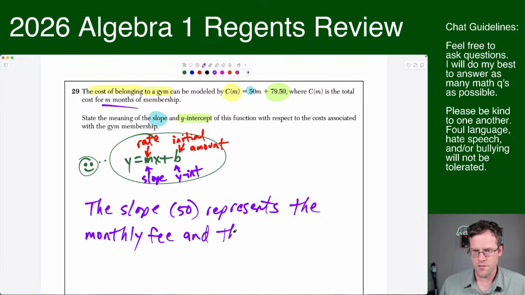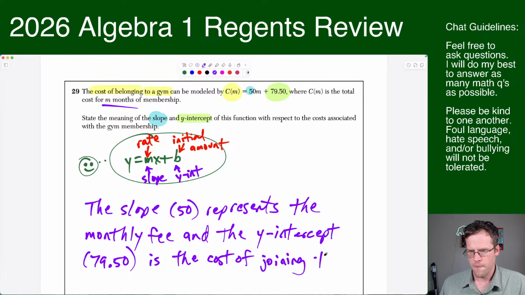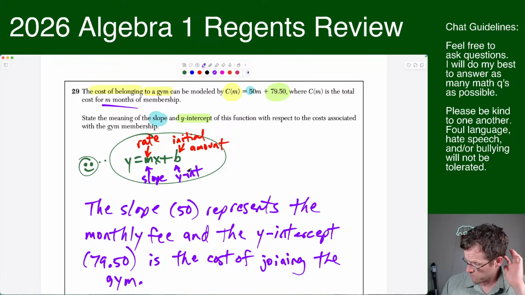And the y-intercept, which was 79.50, is the cost of joining the gym. You pay it once, because you join the gym once, and then you pay your monthly fee. Cool.